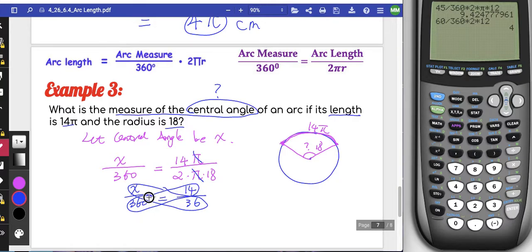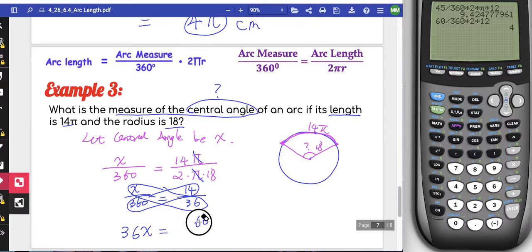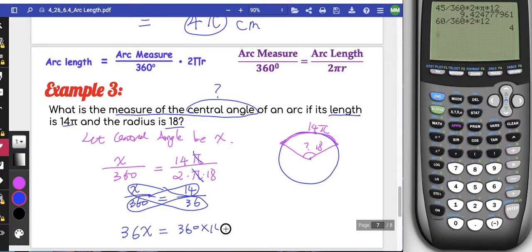It's actually the same as what we did before, like solving a regular equation, right? So it's going to be 36 times x equals 360, sorry, wrong place, 360 times 14. What you can do is find out the answer here, or we know the next step, I need to divide by 36, so I just put it here.